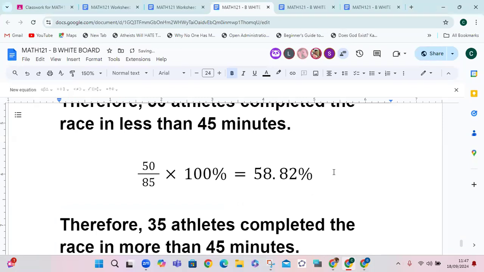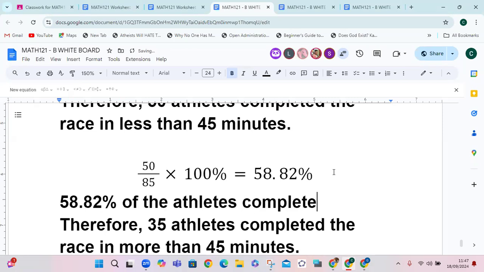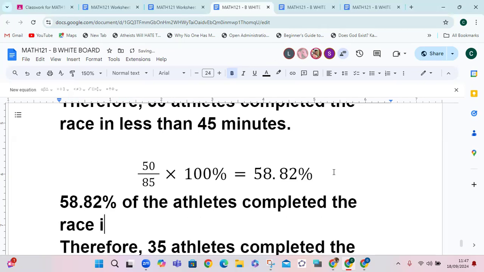Okay, and just to interpret the percentage, 58.82% of the athletes completed the race in less than 45 minutes.